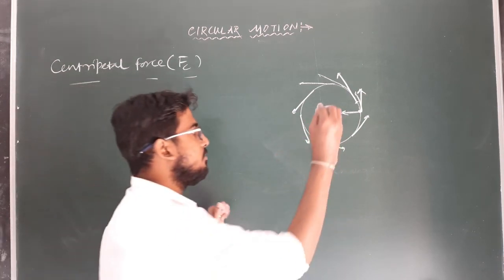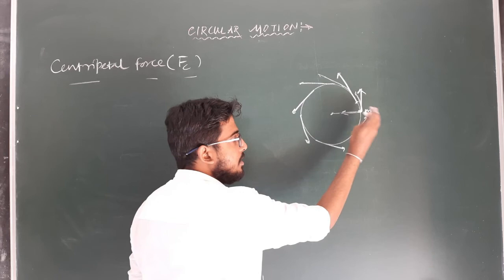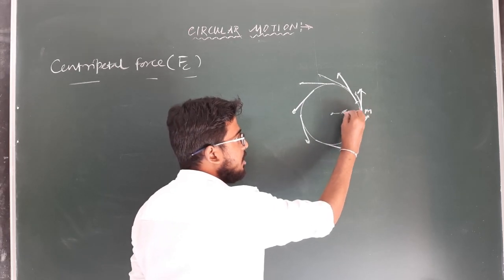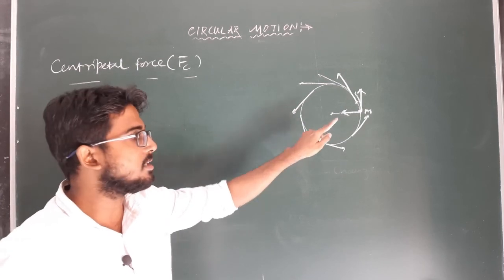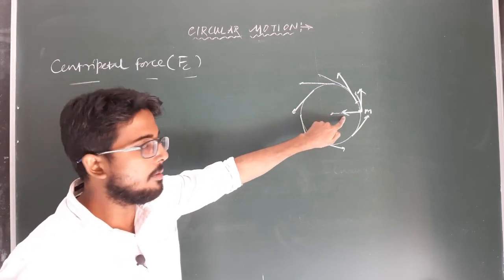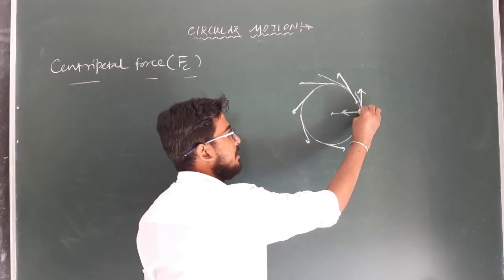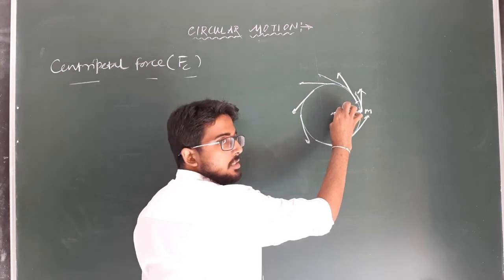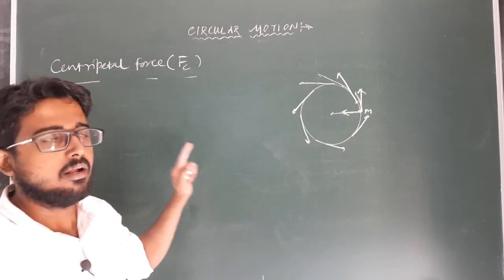Clear? And if there is a force and the particle has some mass m, then there must be an acceleration along the direction of force, due to which the particle is changing direction, and that acceleration we already studied is known as centripetal acceleration. And the force which is acting on the particle towards the center of the circular path along the radius is known as centripetal force.